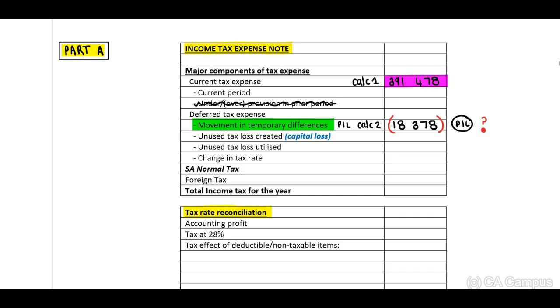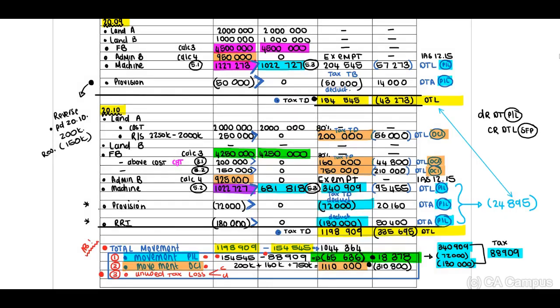When you refer to your deferred tax, remember we are only looking at the deferred tax that has an effect on our profit or loss, not the OCI. Therefore, if you add 20.10's deferred tax, this will be, when you look at the right side, 20,895. Now, this is the deferred tax liability for 20.10, only relating to the profit and loss section.